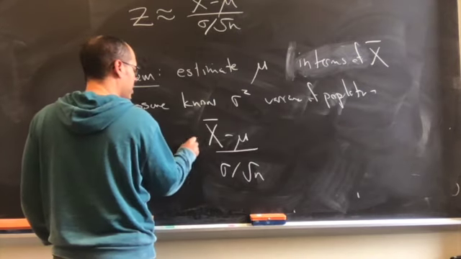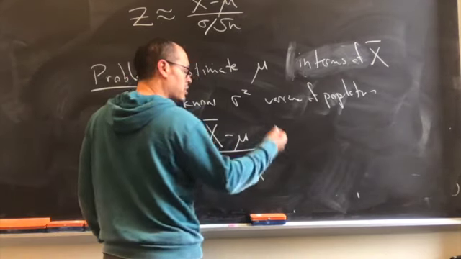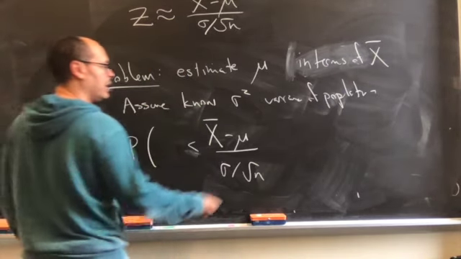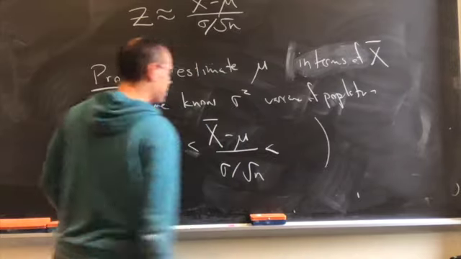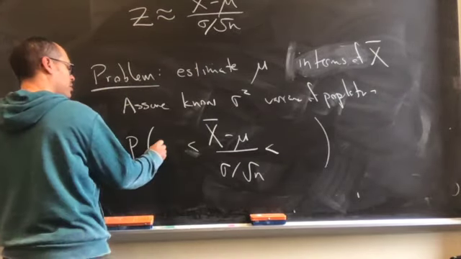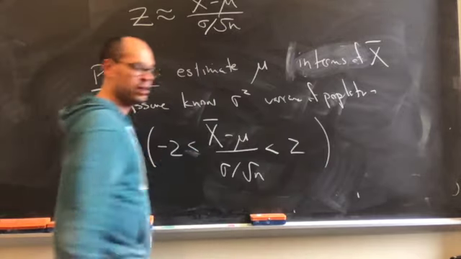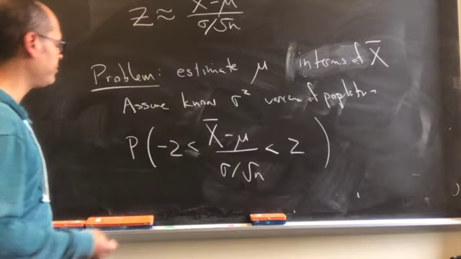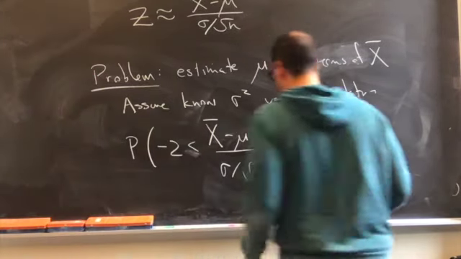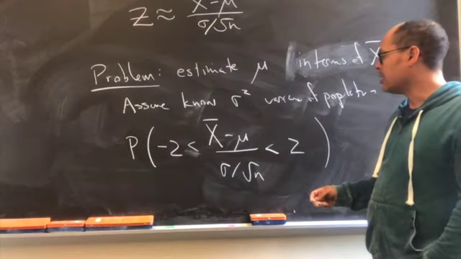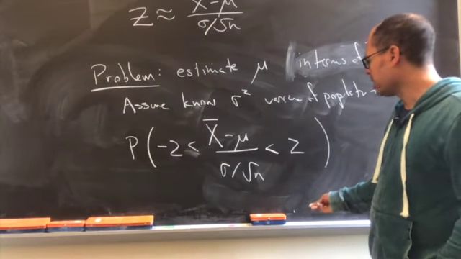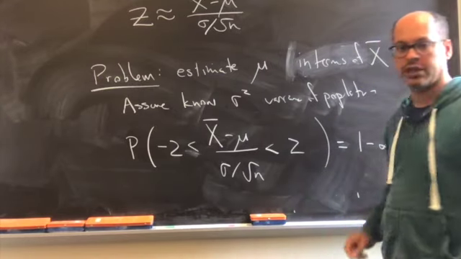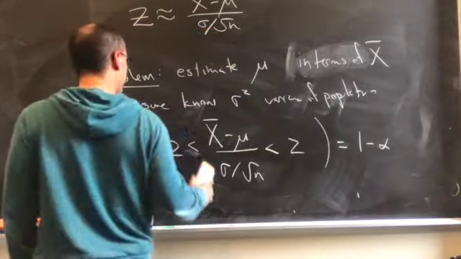I have a reasonable way of saying what's the probability that my normal random variable is between -2 and 2. You can look up on a chart and find a nice expression for this. There's a very high probability that this is true. Let's say that this is equal to some particular 1 minus alpha for some reasonably small alpha.